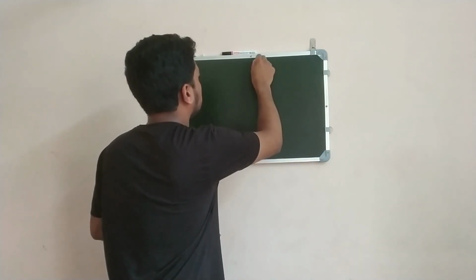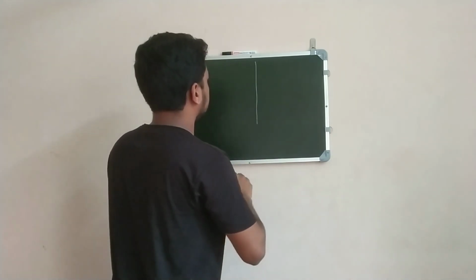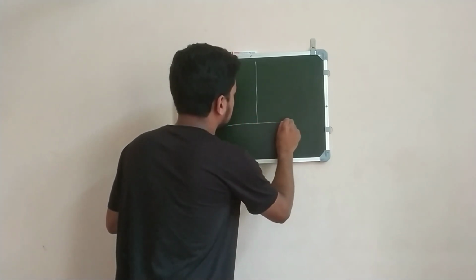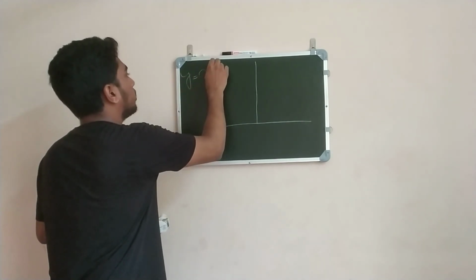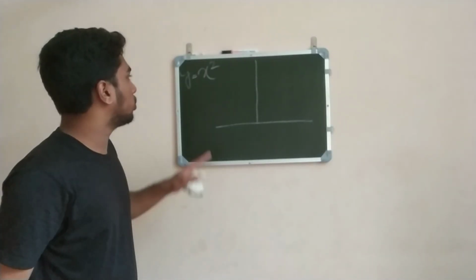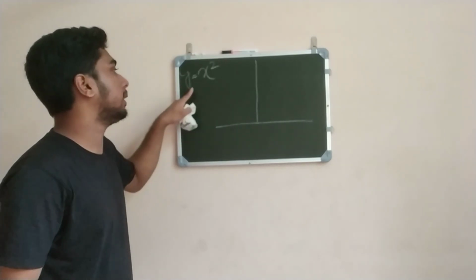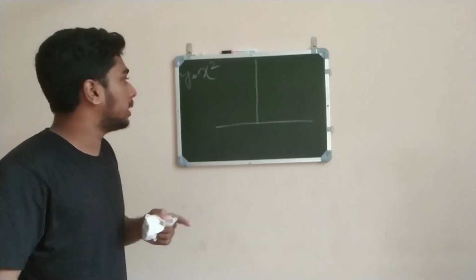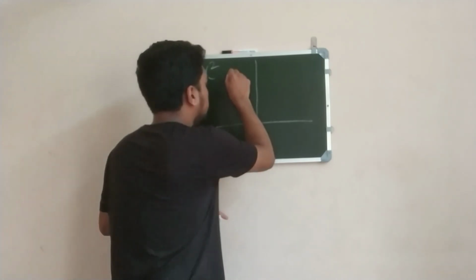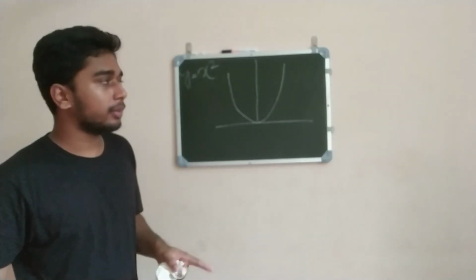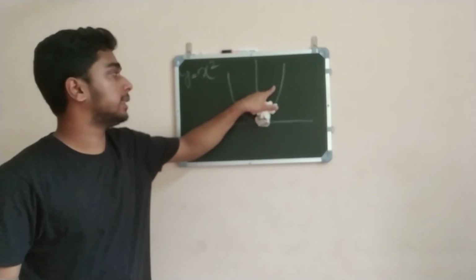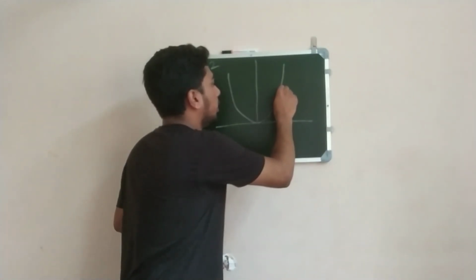Let us discuss a curve. For example, I want to draw this curve. This is a parabola. I already discussed how a parabola looks. The parabola will look like this.